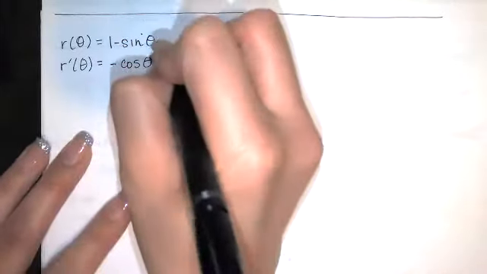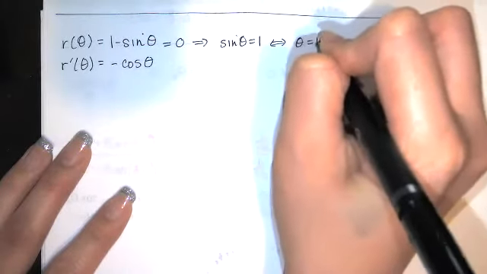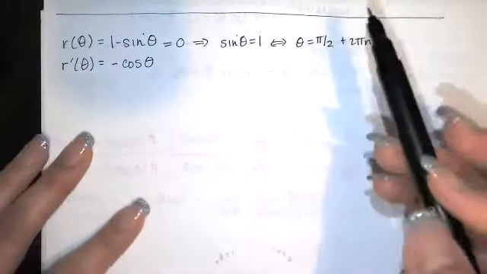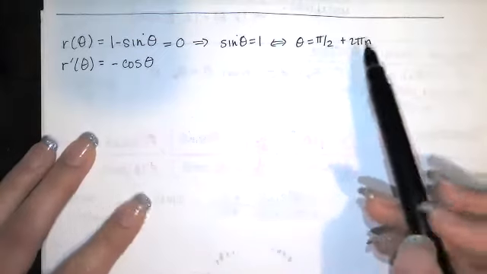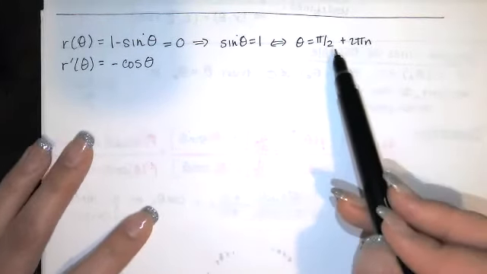Well, this is 0 if we set this equal to 0, whenever sine of theta equals 1. And that happens not at multiples of pi over 2, excuse me, it happens at pi over 2 plus all of the multiples of 2 pi.